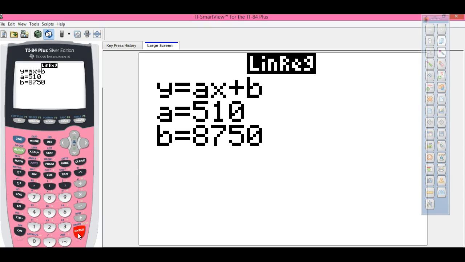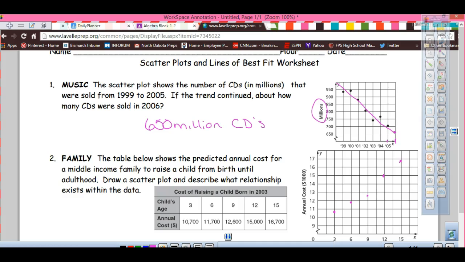So A is our slope, B is our y-intercept. So we go back to our worksheet, and our equation is y equals 510x plus 8,750.